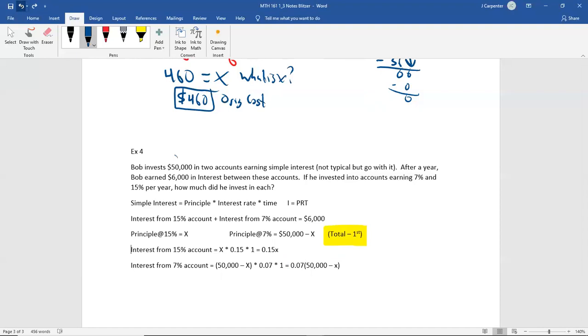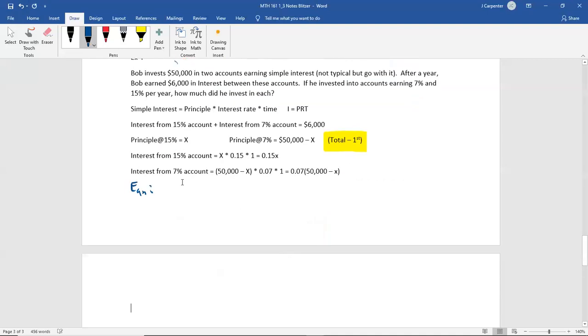So we're going to take the equation and we're now going to get the interest from the 15% account, that's the 0.15x, plus the interest from the 7% account, which is this 0.07 times 50 grand minus x. And we set that equal to 6,000.